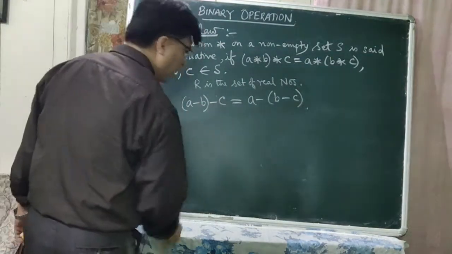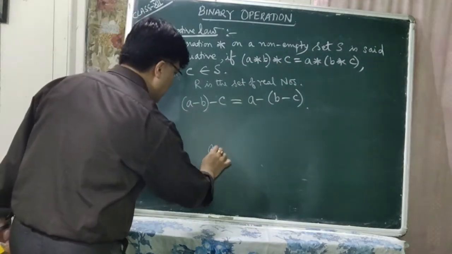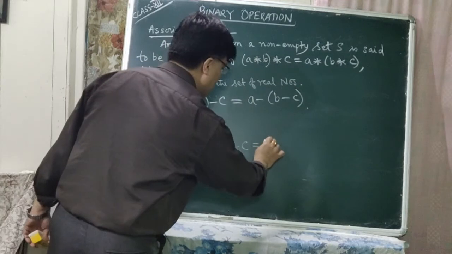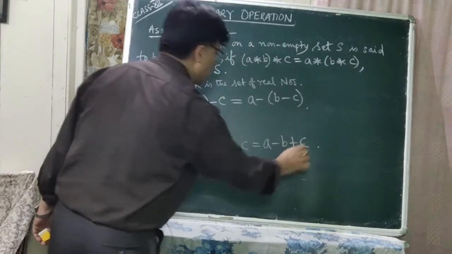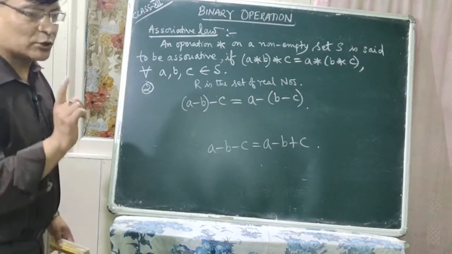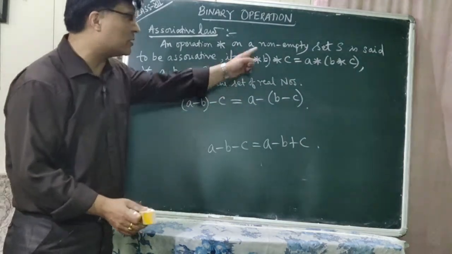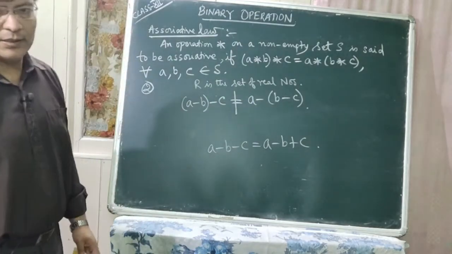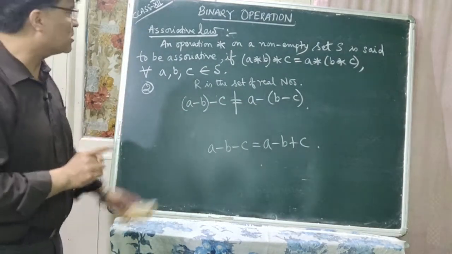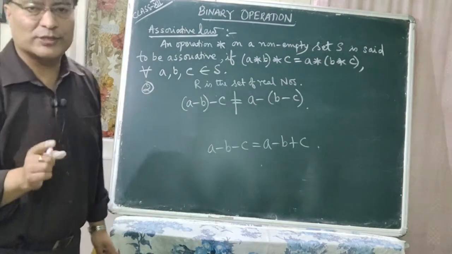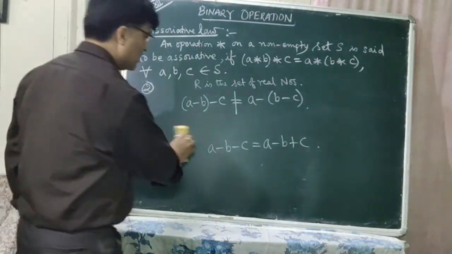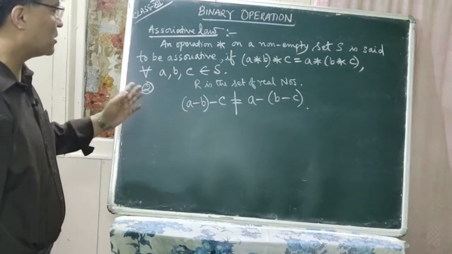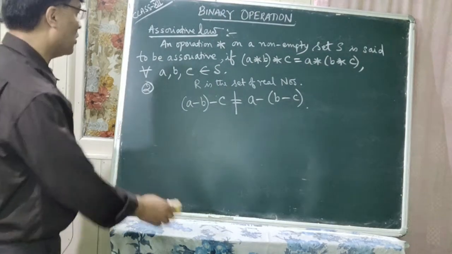If you open the bracket, the left side will be A minus B minus C, and the right side will be A minus B plus C. Are they equal? No, they are not equal. That means the subtraction operation does not satisfy the associative law.